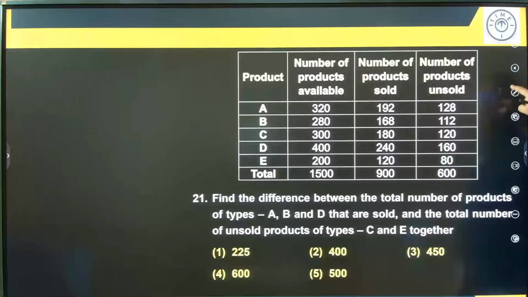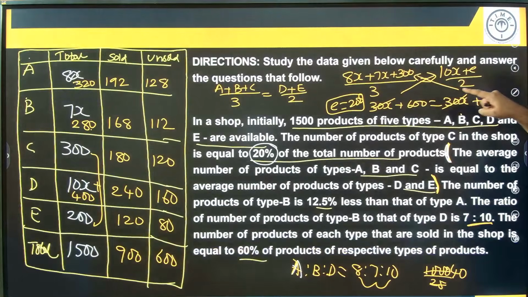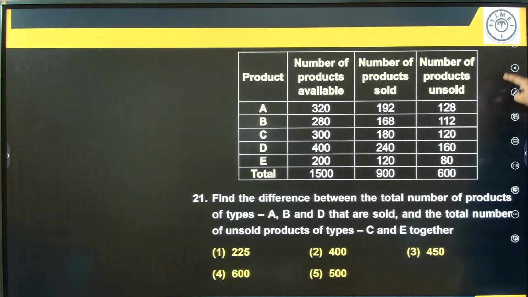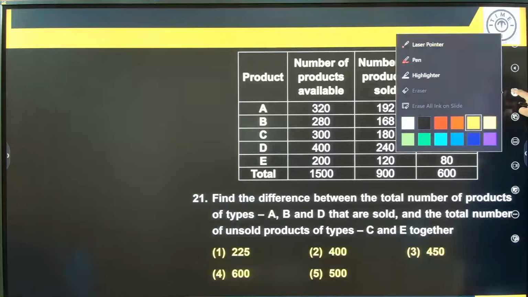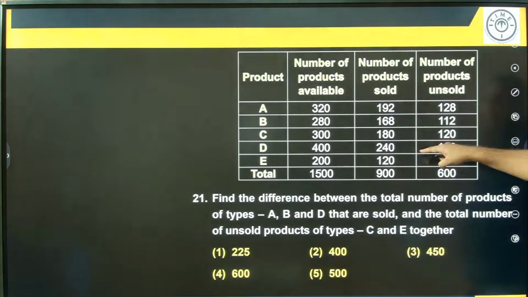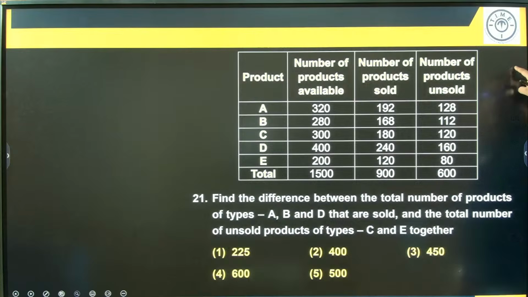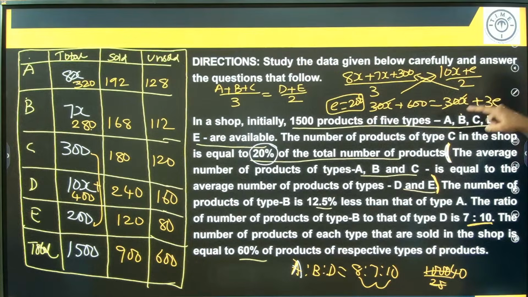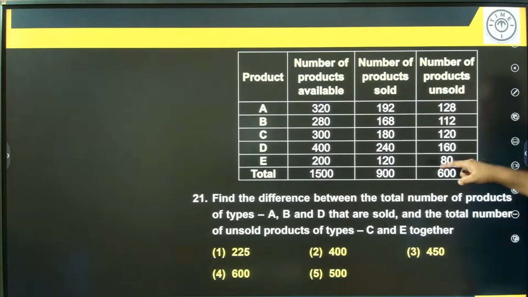See here, 320, 192, 128, 280, 168, 112, 300, 180, 120, 400, 240, 160, 200, 120, 80, total 1500, 900, 600.